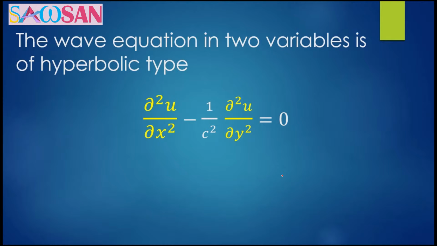The wave equation in two variables is of hyperbolic type. The wave equation in two variables takes the form ∂²u/∂x² − (1/c²) ∂²u/∂y² = 0.